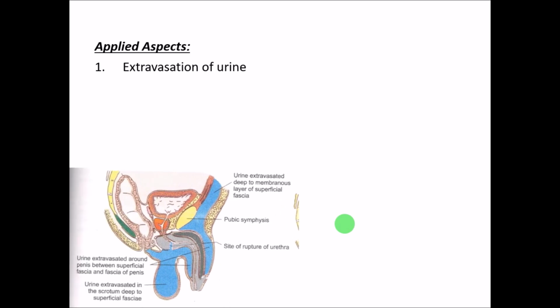Coming to the last part, the applied and clinical aspects. One is the extravasation of the urine. As we said, the superficial perineal pouch is open. If there is any rupture of the urethra in the superficial perineal pouch, here is the perineal membrane, and below it is the membranous urethra.